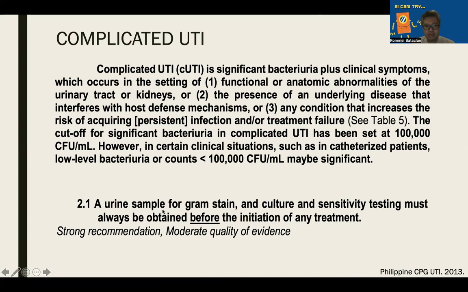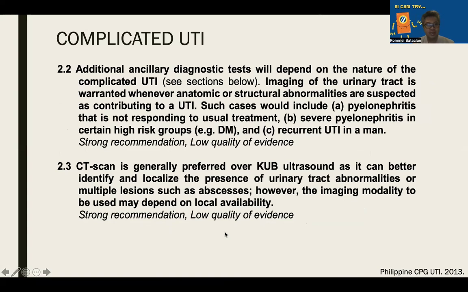So definitely, it's not just urinalysis that you have to request, but also gram stain, culture, and sensitivity before starting any antibiotic. And then other tests would depend on the risk factors that the patient has, the clinical history, and other comorbidities.